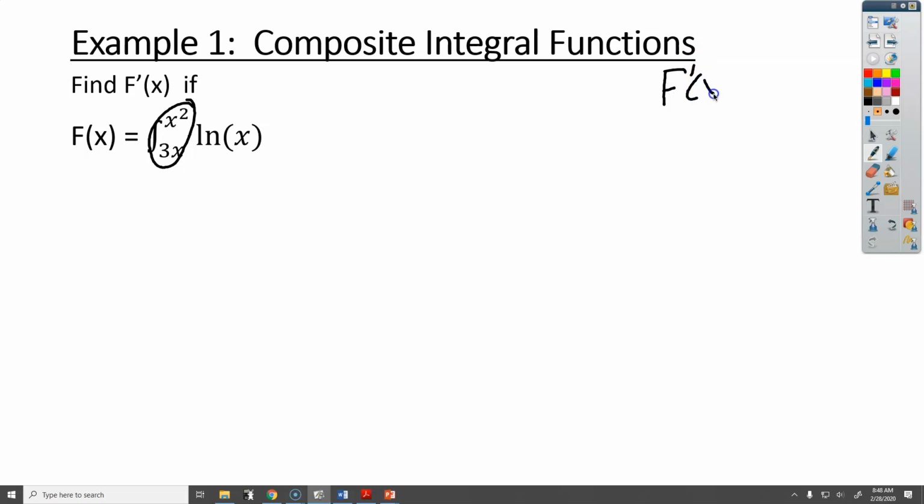If I didn't have that, then what would f prime be equal to? It would be ln of x, right? I want you to have that, so that's going to come in handy later to recognize that. So if those weird funky limits weren't there, then basically the derivative would just be ln of x.